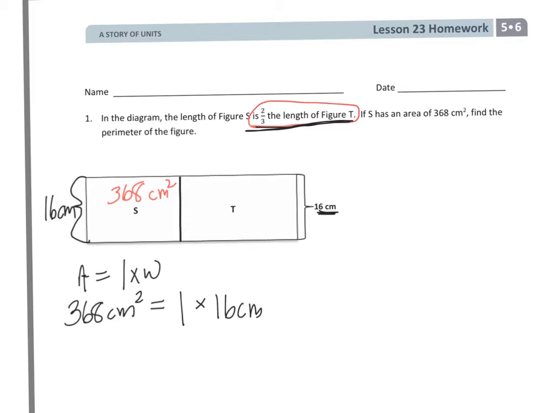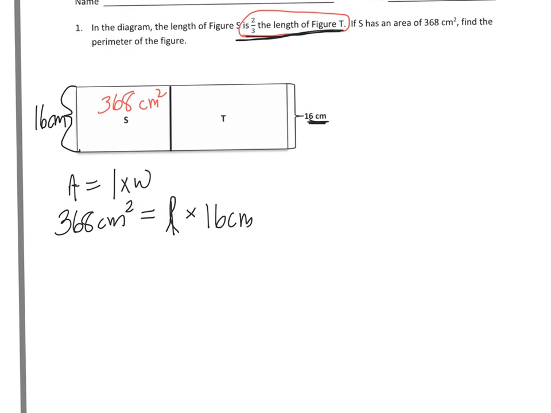So I'm going to make this a lowercase cursive L. Looks terrible, but then I can just tell that that's not a 1. So in order to figure this out, I know something times 16 will get me 368, or 368 centimeters squared divided by 16 centimeters will get me my length.